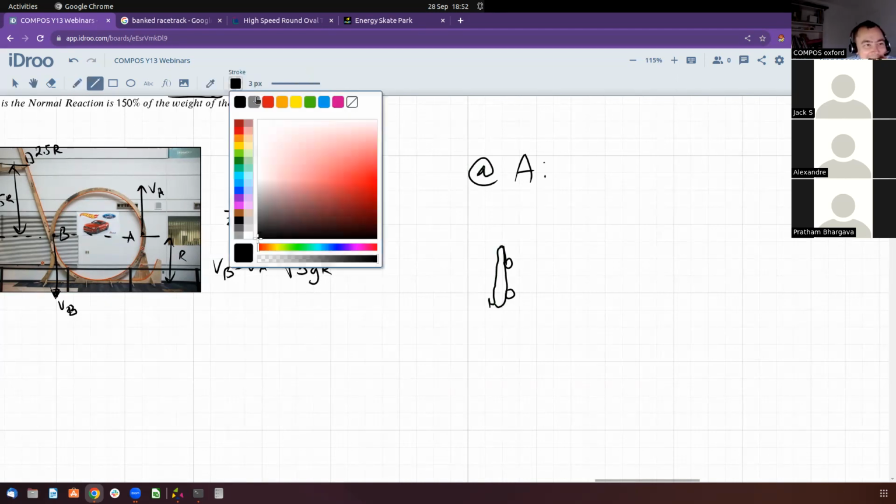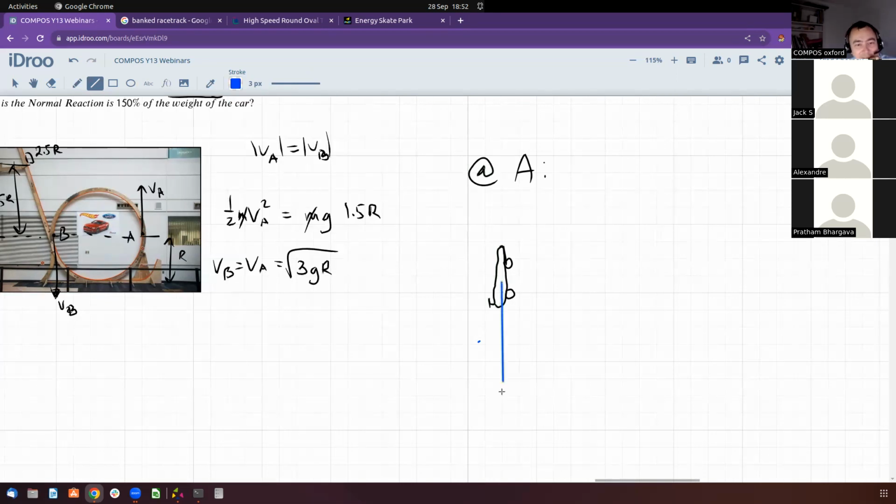Anyway, the forces acting on the car: we have mg, and we have the normal reaction force, let's call it N_A, normal reaction at A. And that's it.